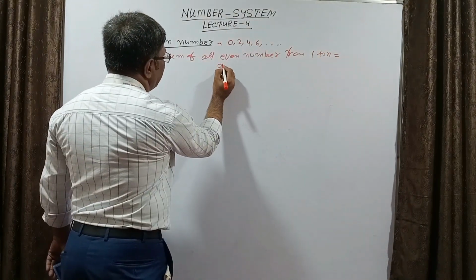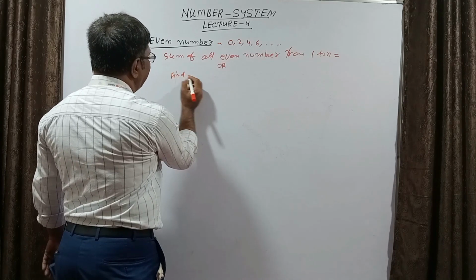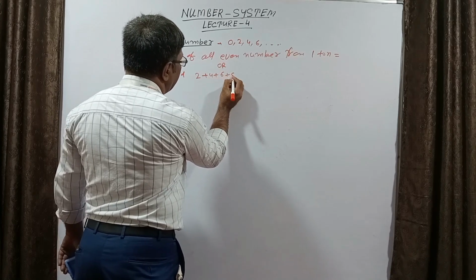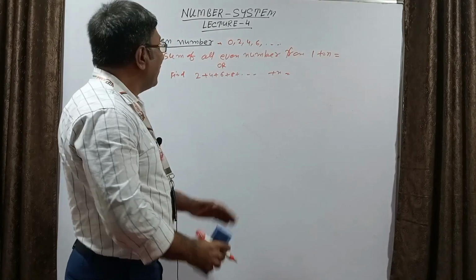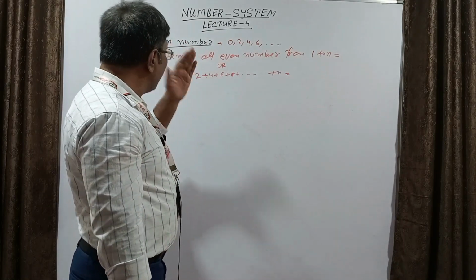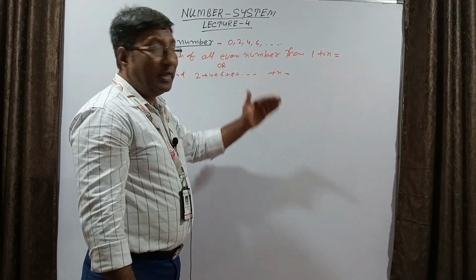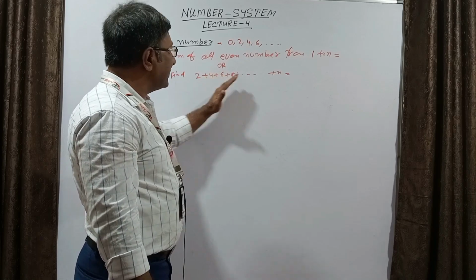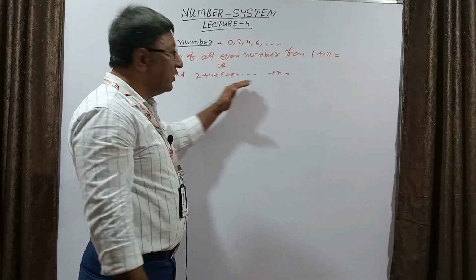Or the same question in mathematical form we can write: find 2 plus 4 plus 6 plus 8 up to n. So both questions are the same. Here in language, sum of all even number from 1 to n. And the same question here, find sum of 2, 4, 6, 8 up to n, where n is even, because the series is going like even.